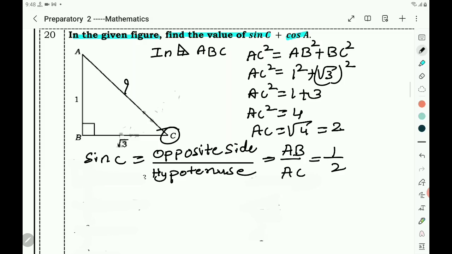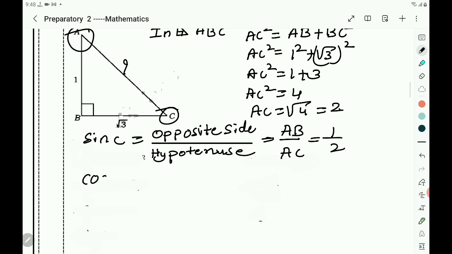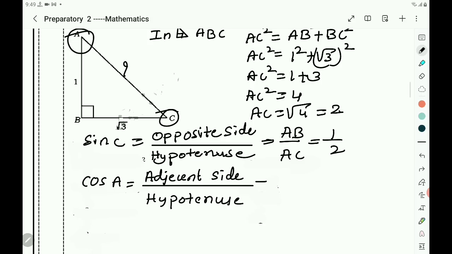Then cos A. Cos A is here. Cos is adjacent side by hypotenuse. Cos A is equals to adjacent side by hypotenuse. For A, which is the adjacent side, same AB. AB is the adjacent side of angle A. AB, hypotenuse AC only.